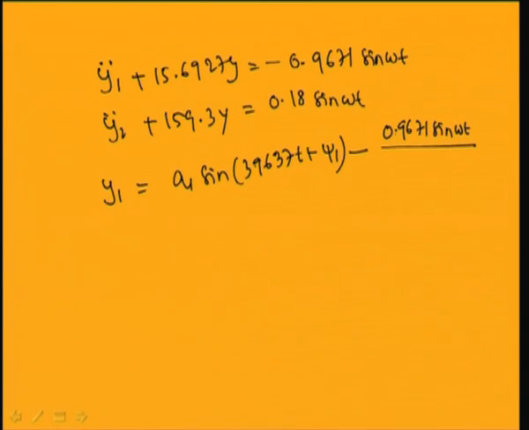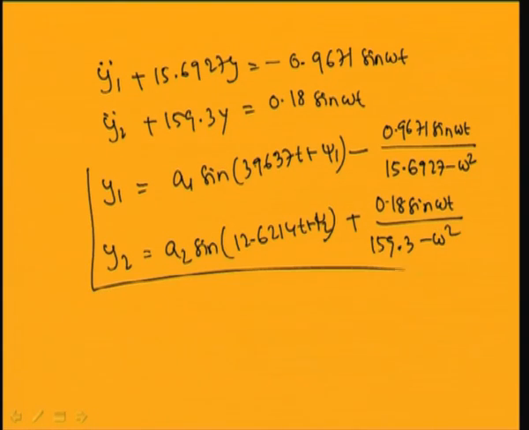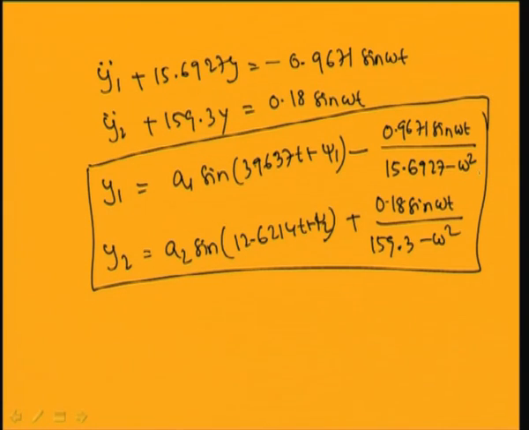So, this becomes minus 0.9671 sin omega t by 15.6927 minus omega square. Similarly, y2 becomes A2 sin 12.6214 t plus phi 2 plus 0.18 sin omega t by 159.3 minus omega square. So, these are the expressions for y1 and y2.